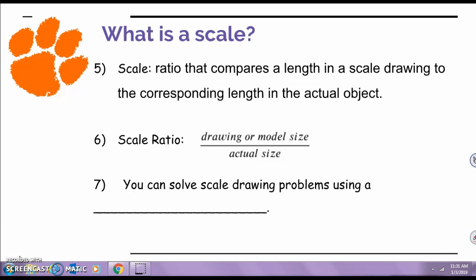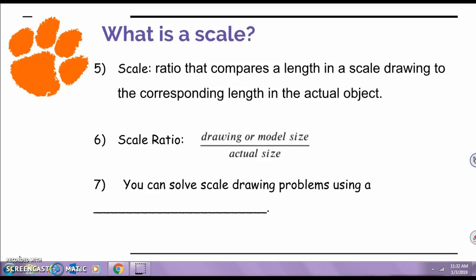Let's talk about what a scale is. A scale, or scale factor, is a ratio that compares a length or width in a scale drawing to the corresponding length or width in the actual object. We know that a ratio is a comparison of two numbers by division.